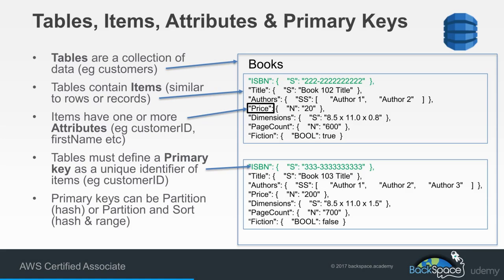It'll have a price, a title, authors, and dimensions. Those are the attributes of that book, and all of those items being books will have individual attributes. So that's how that works, and those are the components of DynamoDB that you need to understand in terms of terminology.